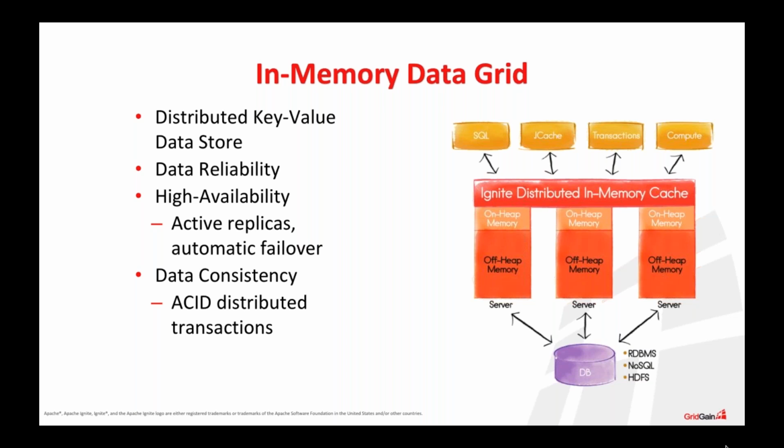The data is stored in the so-called distributed in-memory data grid. At the implementation level, the in-memory data grid is a key-value storage which scales out horizontally, and which is highly available and fault tolerant.